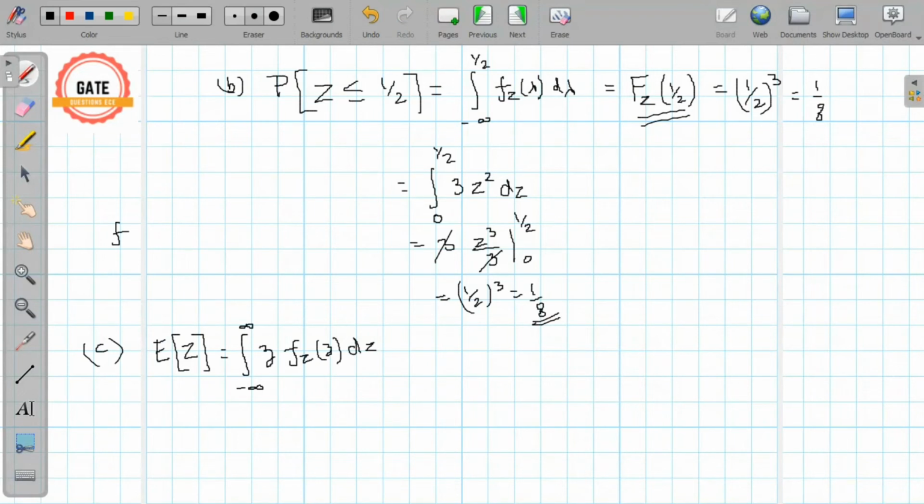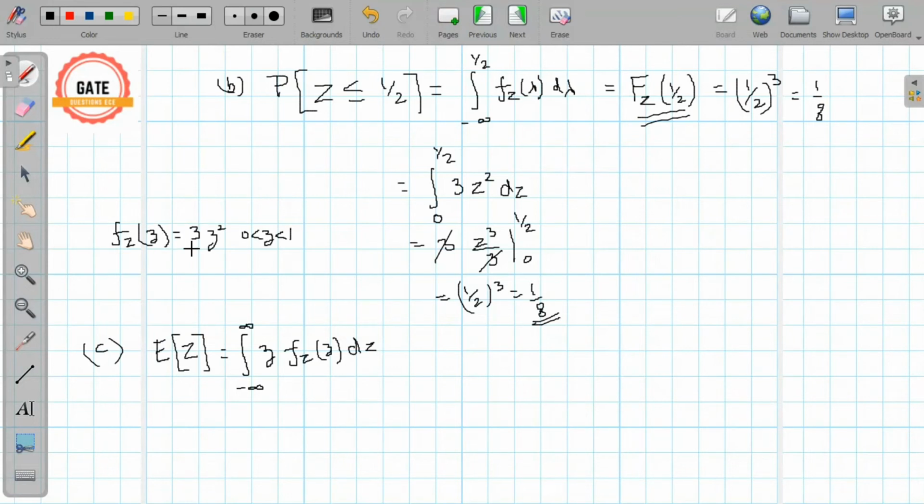And also in part A solution of this question, we calculated that the PDF of Z is 3 times Z square in range 0 to 1, and otherwise it is 0.